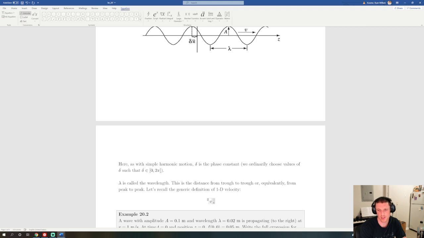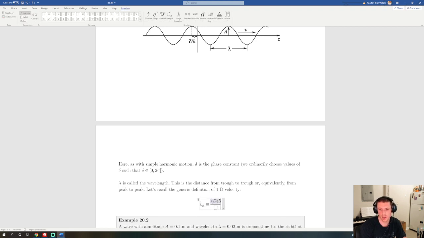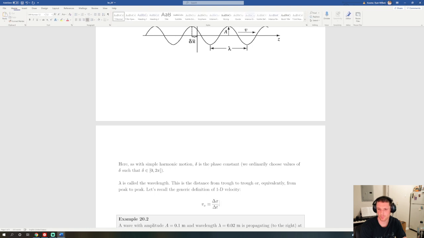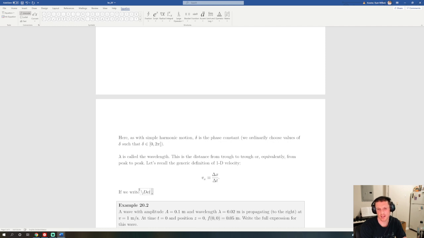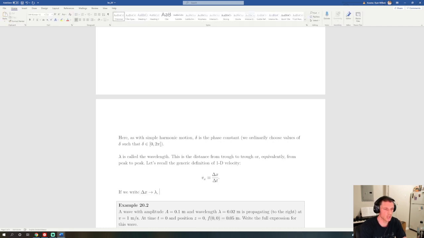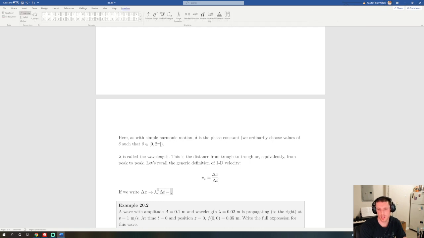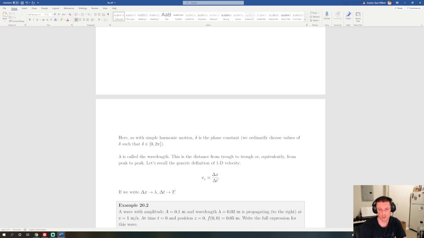And remember that we had v sub x defined to be a change in x over a change in time, right? Now, if we write that delta x goes to lambda and delta t goes to the period, remember the period was just the time required for one complete cycle, then we have this.